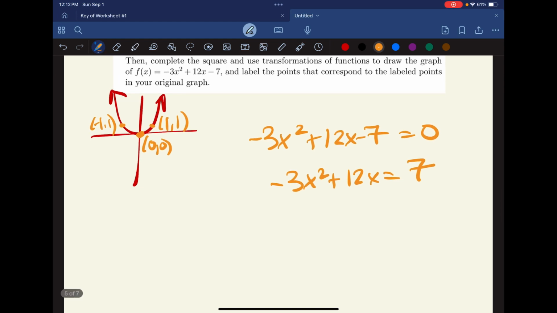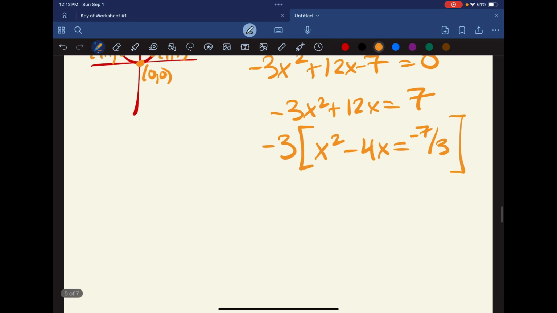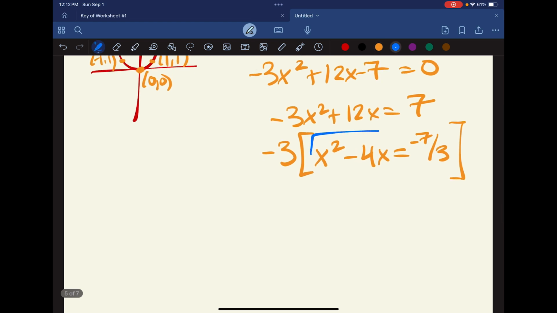Then you make sure you have an a value, or the coefficient of your x squared term, equal to 1. So in order to get that, we have to factor out a negative 3. So that becomes x squared minus 4x equals negative 7 thirds. And then now we can complete the square on this.